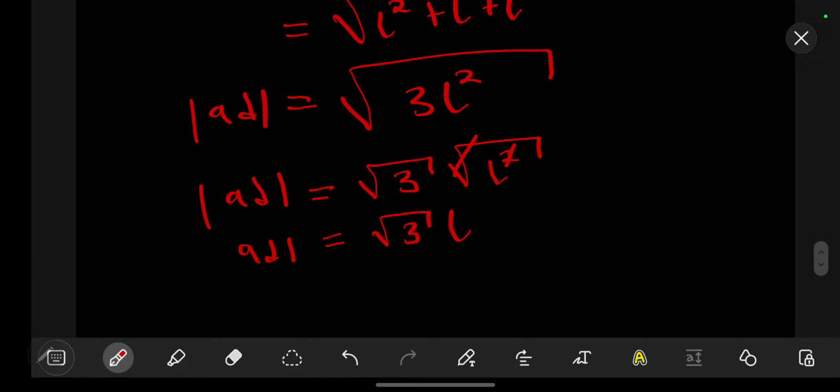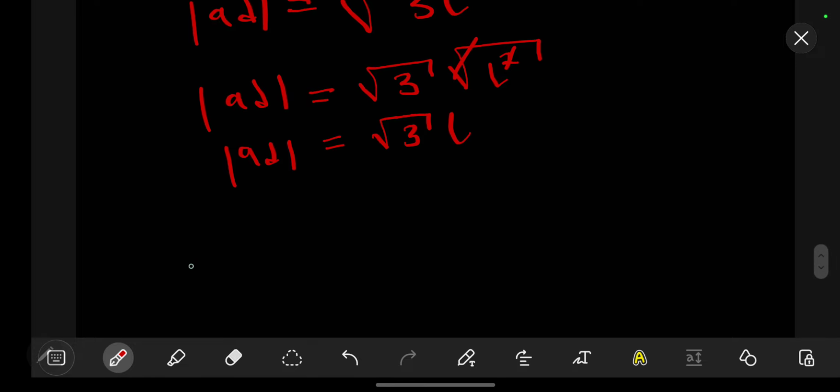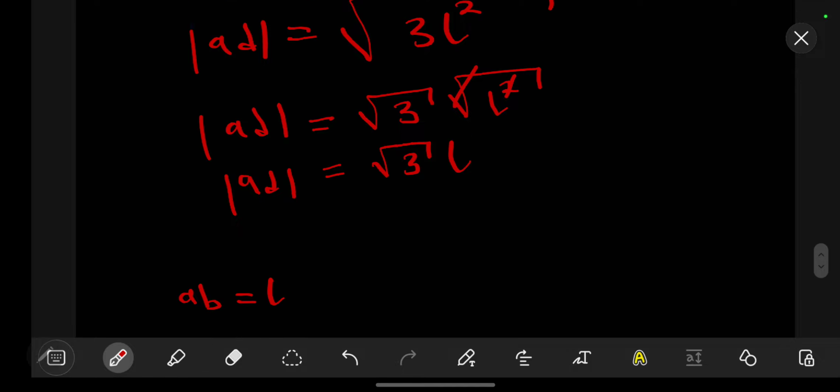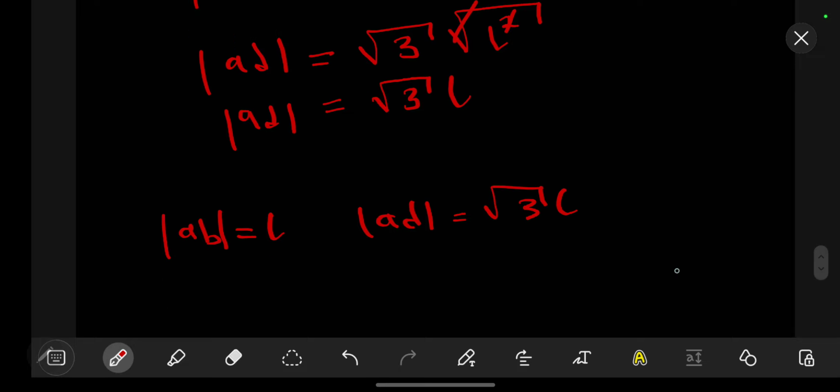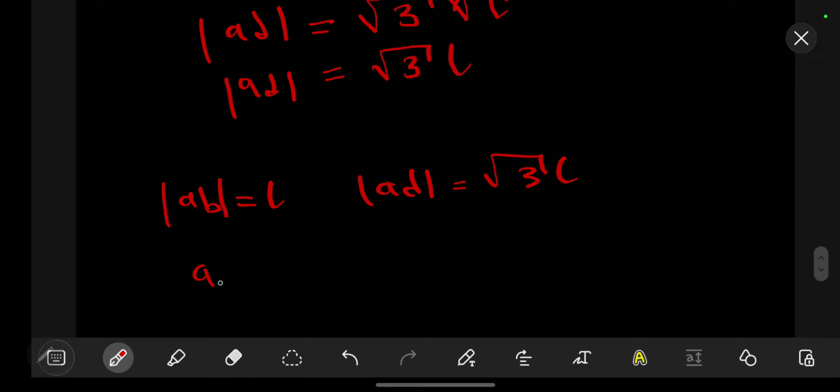So this is our AD, which should be equal to the square root of 3 L. So we have found the size of AB to be equal to L, then we have found AD to be equal to the square root of 3 L. Then our dot product, which is our AB dot AD, is giving us L squared.